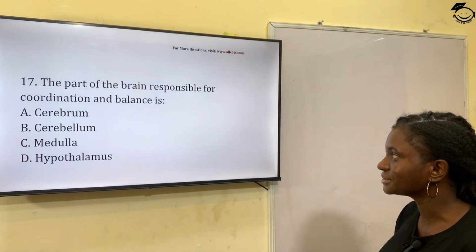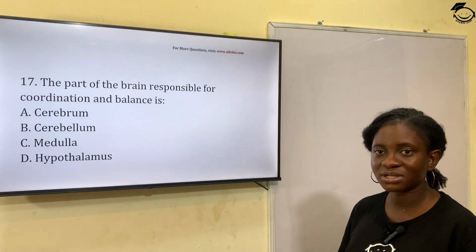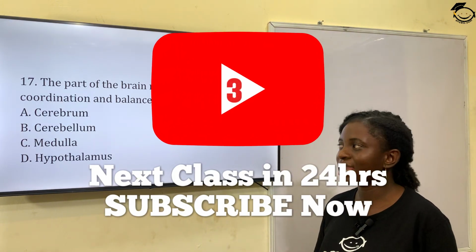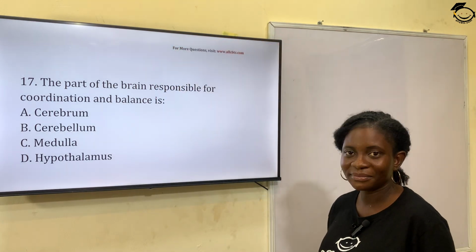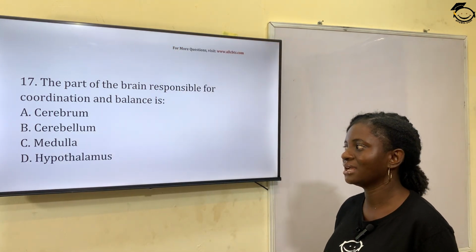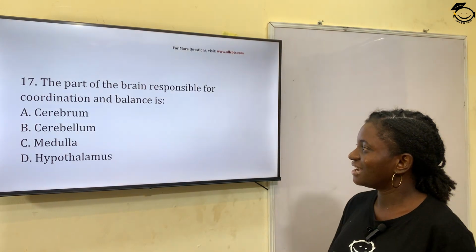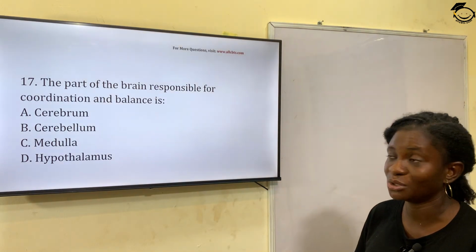Question 17. The part of the brain responsible for coordination and balance is: A, cerebrum; B, cerebellum; C, medulla; and D, hypothalamus. The correct answer is cerebellum.